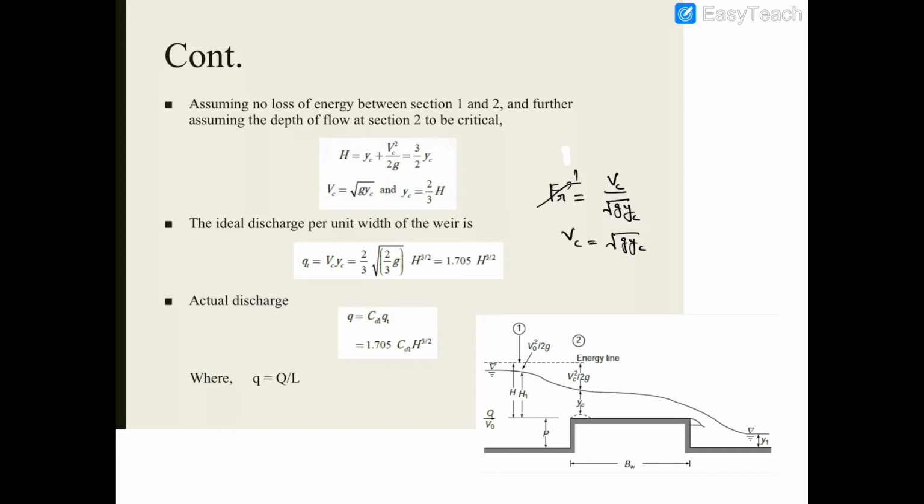The ideal discharge per unit width of the weir, small qt, that is the discharge per unit width, is equal to Vc Yc.